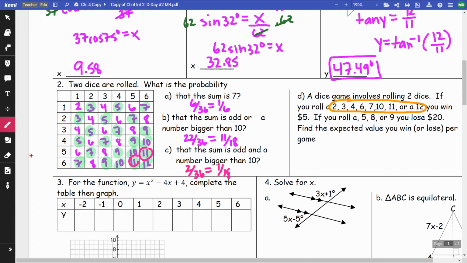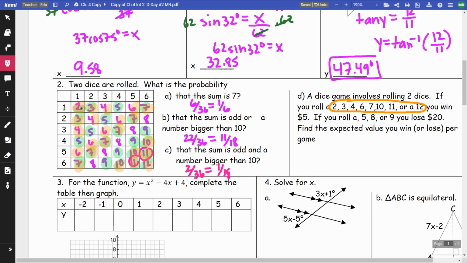Okay. So let's see here. I'm actually going to shade it, probably be easier. Okay, so 2, 3, 4, 6, 7, 10, 11, 12.